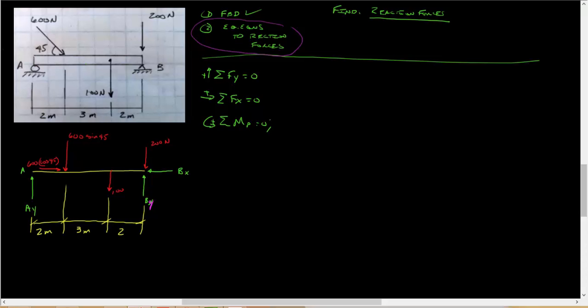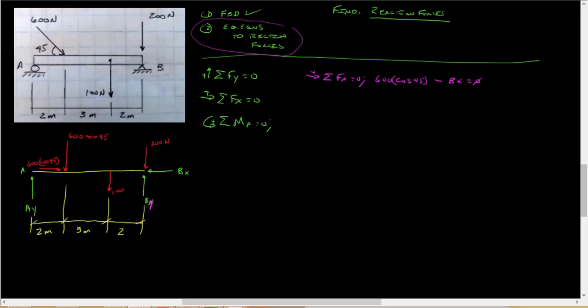So let's do that. So if I sum my forces in the x direction, I can get an answer. So I'm going to have 600 cosine 45 degrees minus BX, because that is going left, is equal to 0.